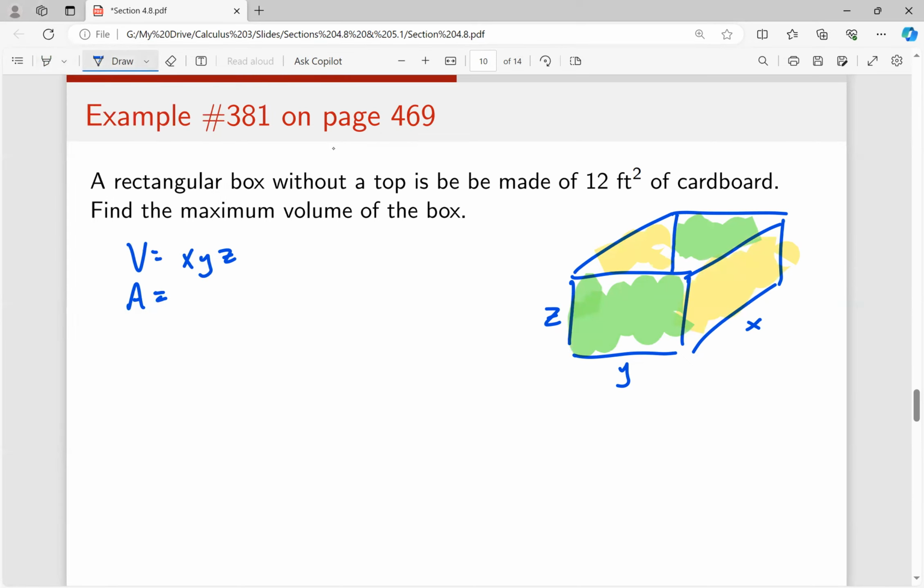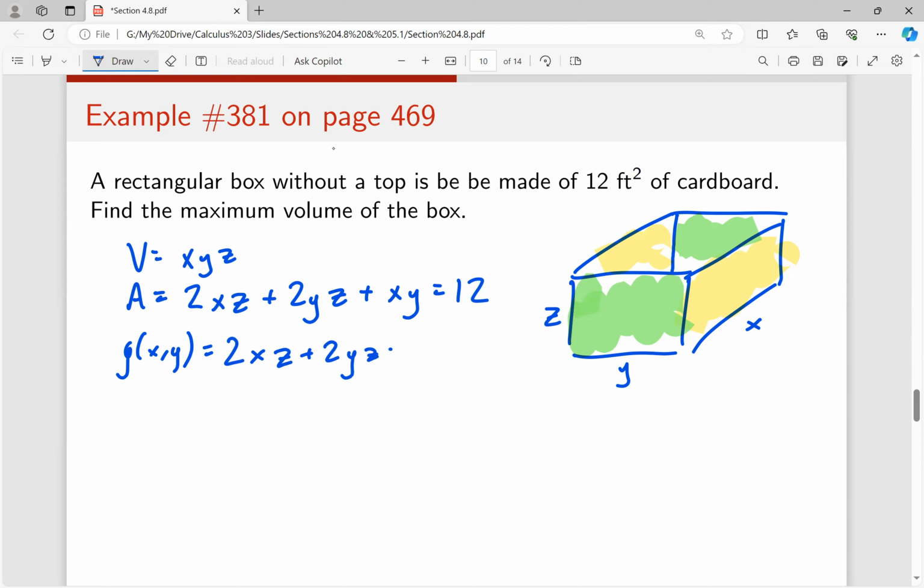So the yellow sides are going to be x times z, and there's two of those. And then there's two green sides, and there's only one bottom, there's no top, and that's equal to 12. So my constraint function would be g of x, y equals 2xz plus 2yz plus xy minus 12 equals 0.